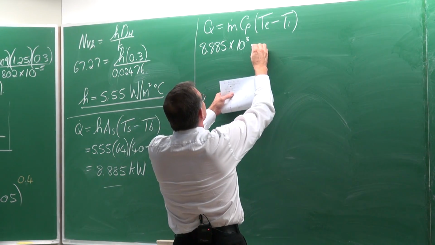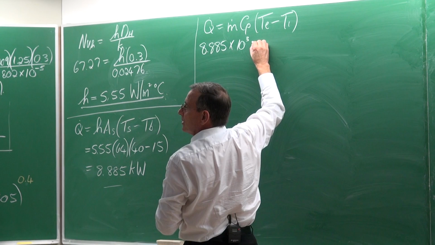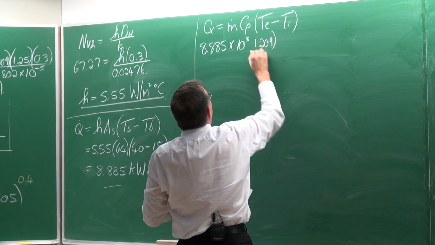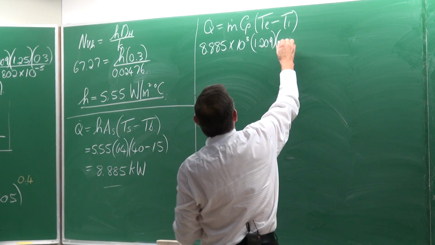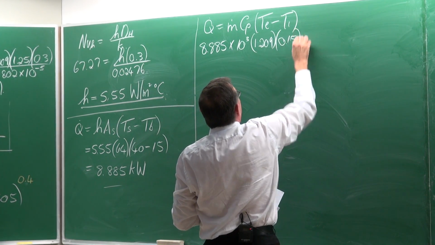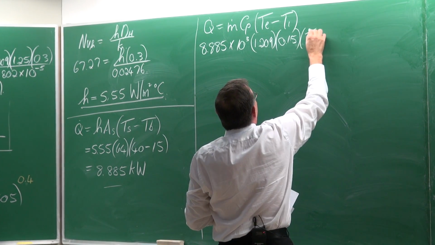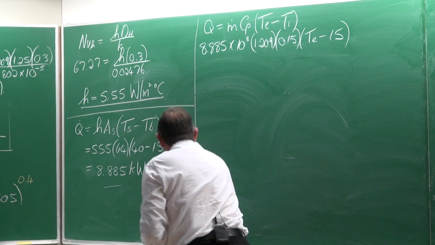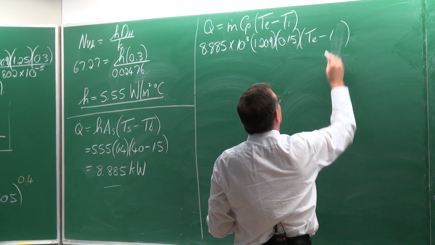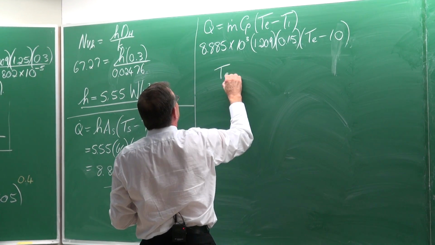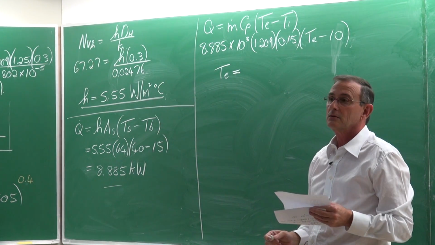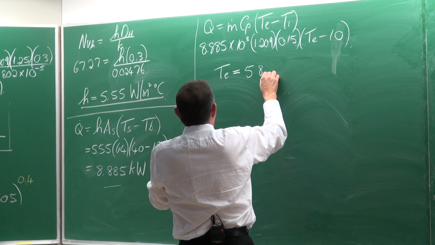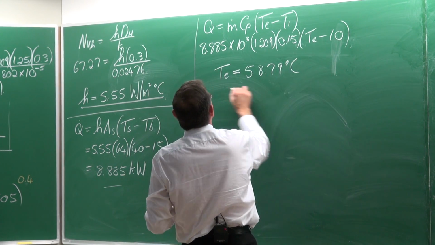The mass flow rate is equal to the density, which is 1.209, multiplied by the volume flow rate, which is 0.15, multiplied by the outlet temperature minus the inlet temperature, which is 10. From which we can calculate the outlet temperature as 58.79 degrees Celsius.